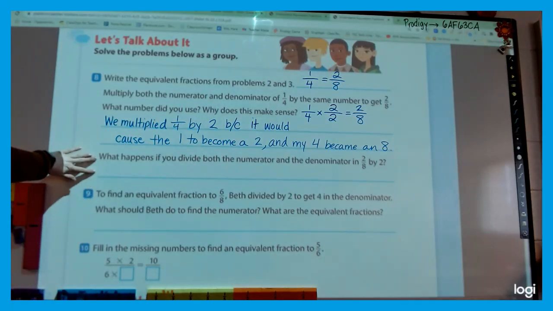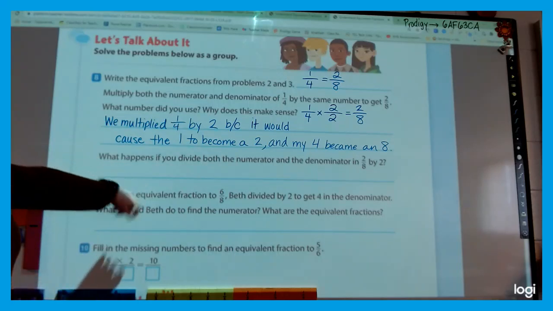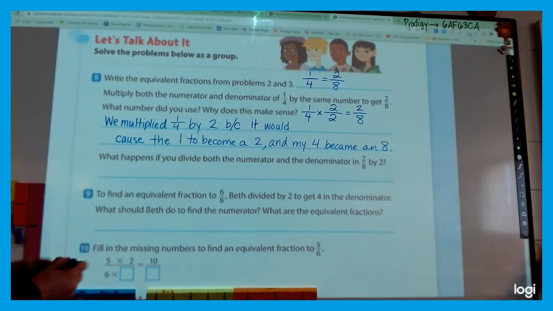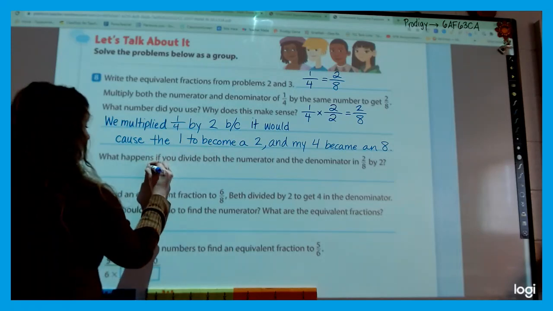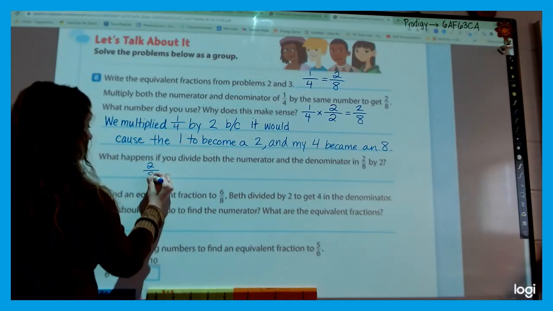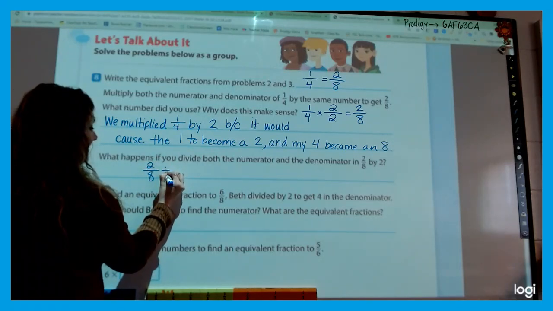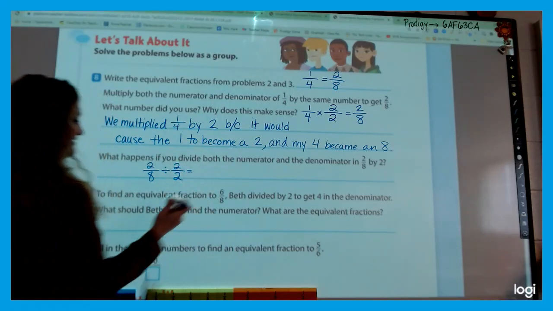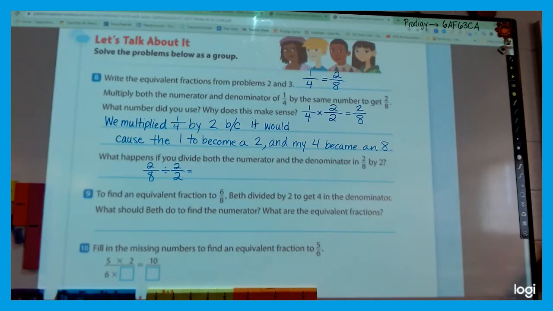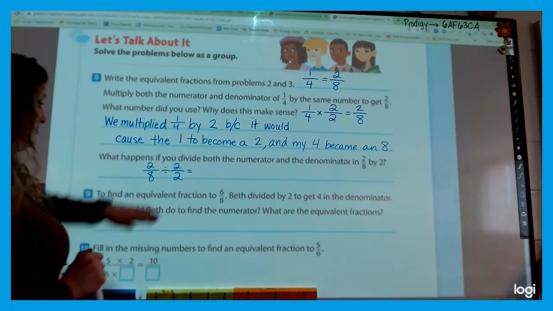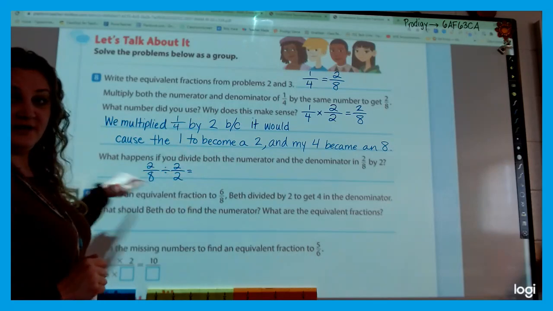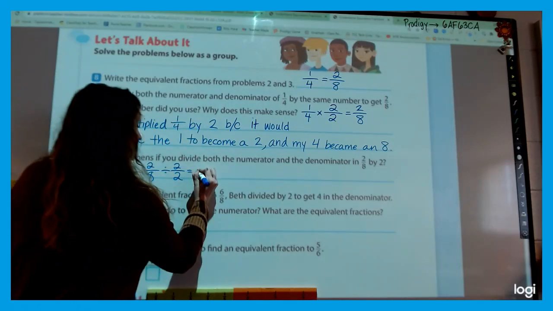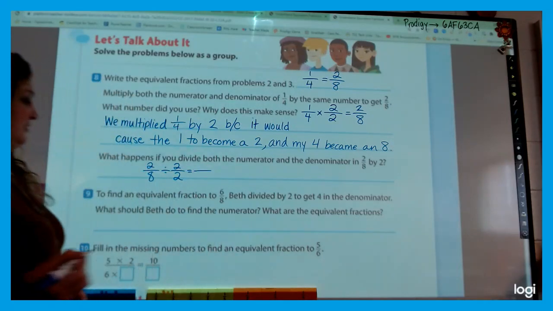What happens if you divide both the numerator and the denominator in 2/8 by 2? Let's check. Okay, let's write it with me. 2/8. We're going to divide both the numerator and the denominator by 2. Division by fractions works the same as multiplication. So you just look across the top row and then across the bottom row, and your answer is a fraction.